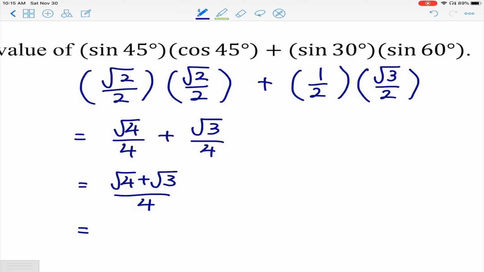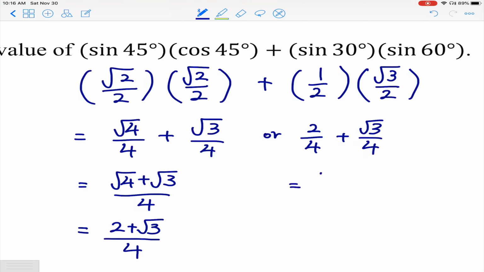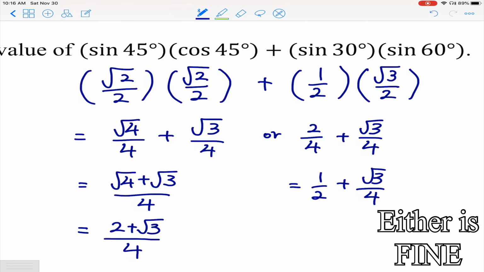But we know square root of 4 is 2, so it will be 2 plus the square root of 3 over 4. Or you can just simplify the first fraction, because it is 2 over 4 plus square root of 3 over 4, and that is just 1 over 2 plus the square root of 3 over 4. As a teacher personally, which one do I prefer? Or as a person who's been through this type of thing, I do prefer this.